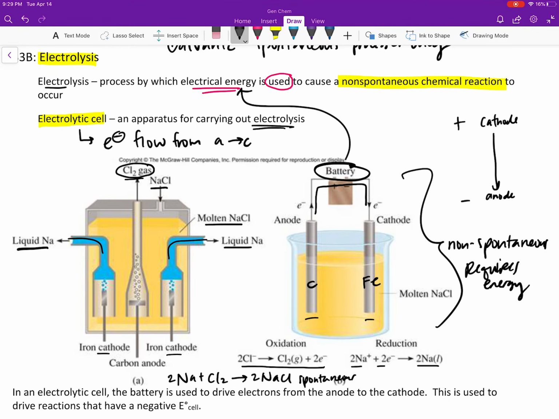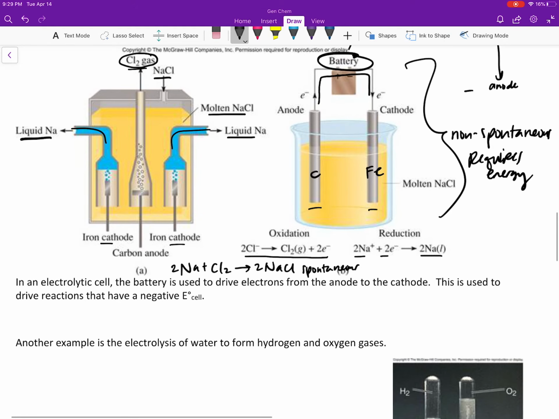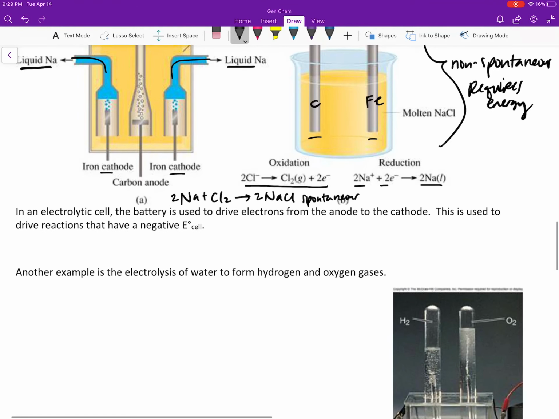Before, this was just a voltmeter measuring the amount of voltage put out, but this is requiring a certain amount of voltage to happen. So in an electrolytic cell, the battery is used to drive the electrons from the anode to the cathode. And this is used to drive reactions that have a negative E cell knot value.